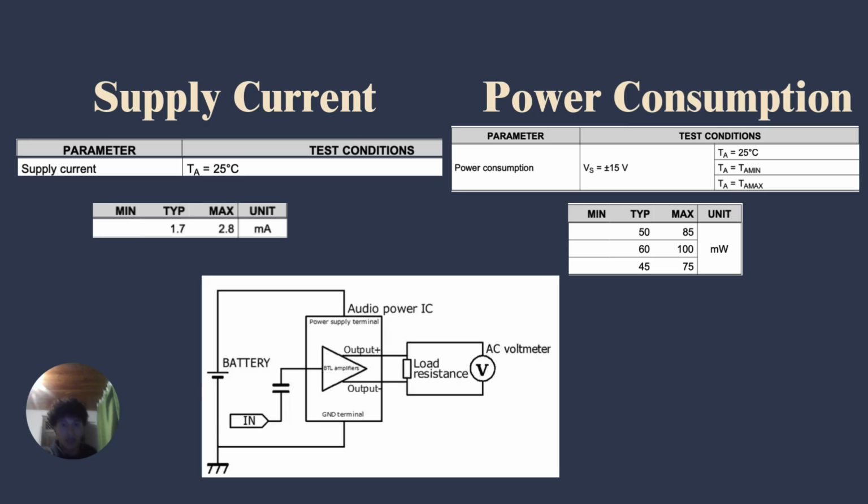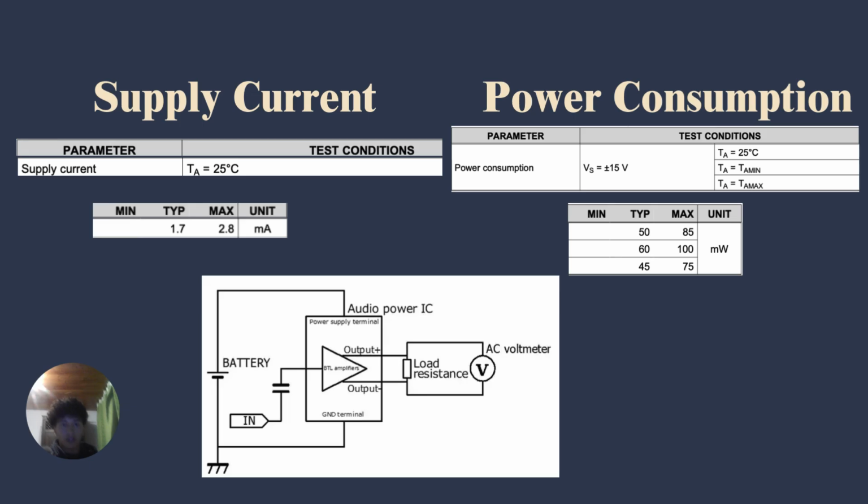In battery powered devices, minimizing supply current extends battery life and reduces heat dissipation. To optimize power usage, it's essential to choose low power op amps, use efficient circuit designs, and implement proper power management techniques. For the LM741, the typical value is 1.7 milliamperes and the maximum is 2.8 milliamperes.